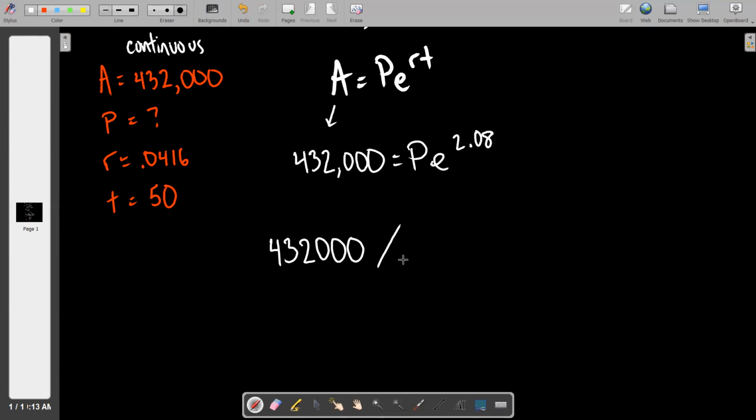I'll use the same calculator as most of you. 432,000 divided by, and then hit second natural log, and your screen should look like this, and it'll have a parenthesis, and then you're just going to put in your 2.08. Oops, I forgot the 8.